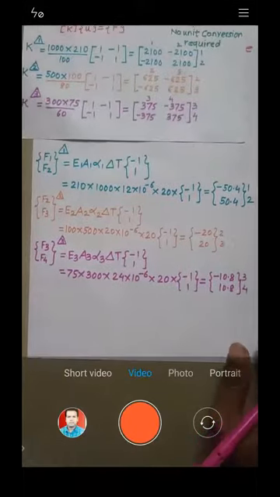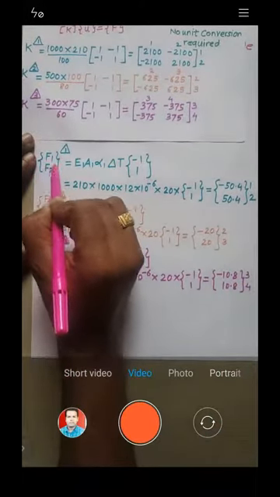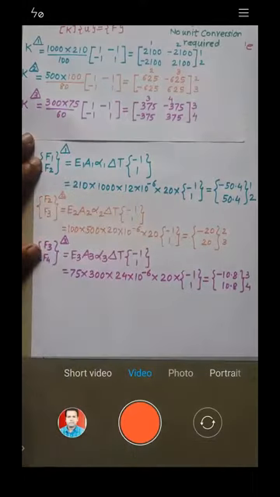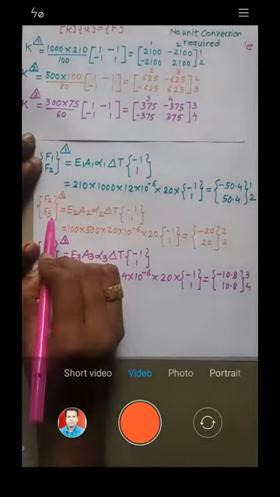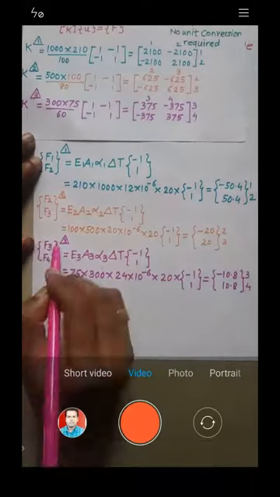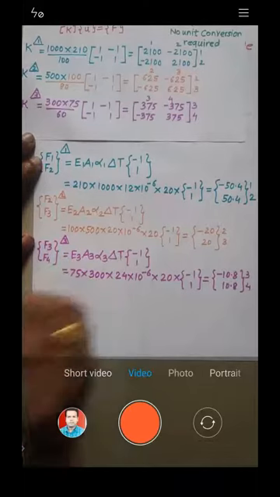Now this is very important. These forces are induced due to rise in the temperature within element number 1, right? These forces are induced due to rise in the temperature in element number 2, and these are induced in element number 3.